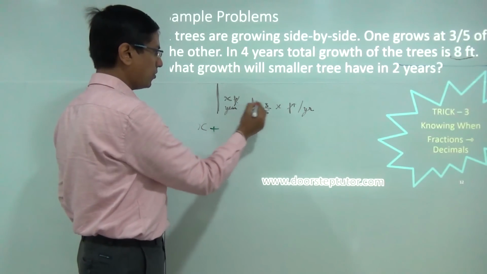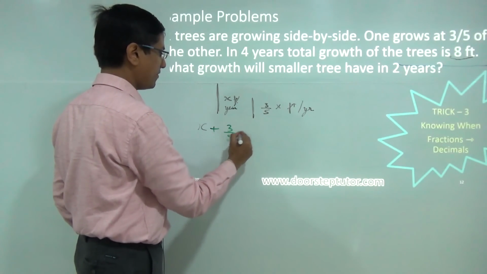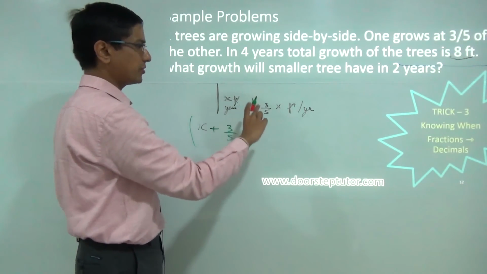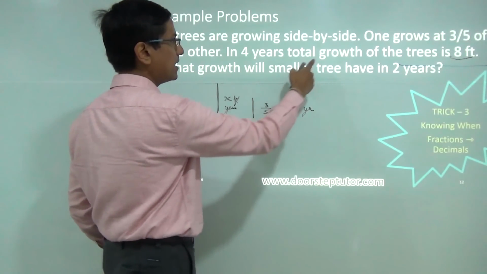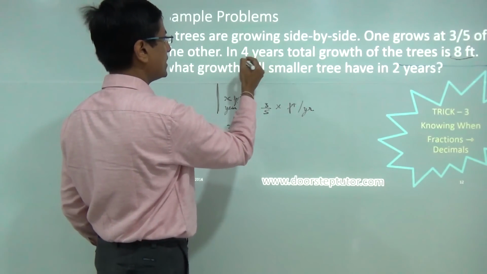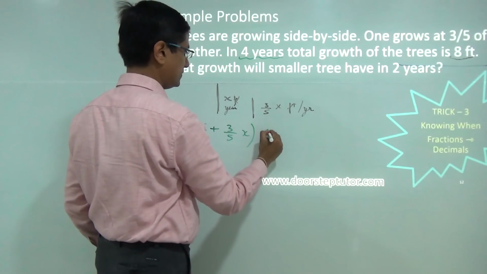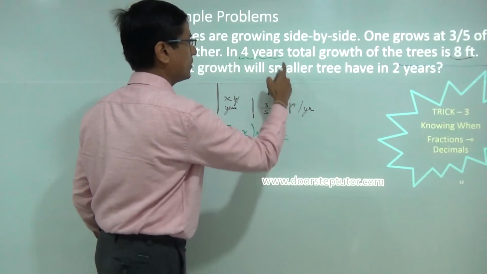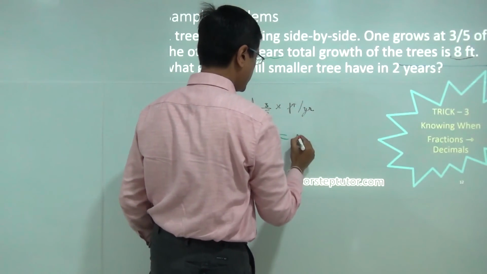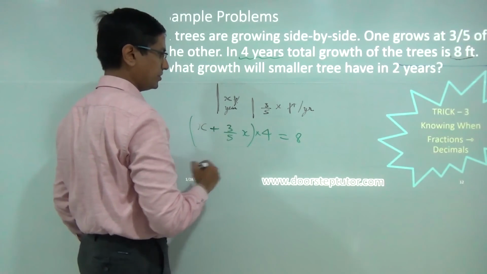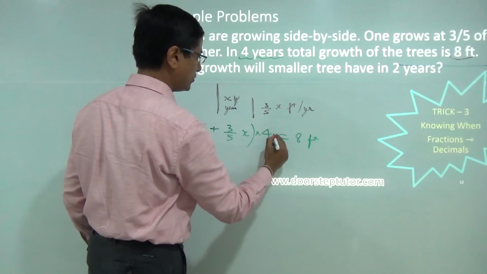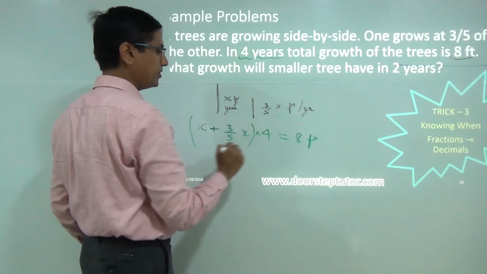So total growth in 1 year would be 3 by 5x. This is the total growth of both the trees together. They'll grow this much. And it is telling me that in 4 years, into 4, the total growth is 8 feet. So this is feet, and this entire thing is also in feet.